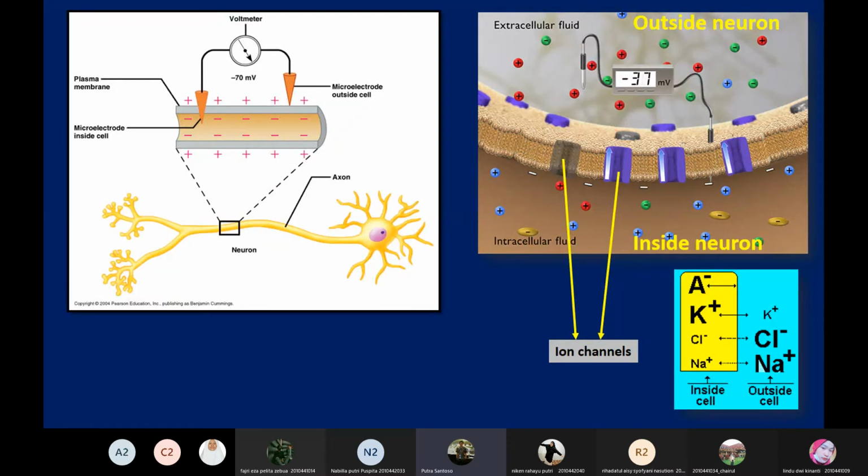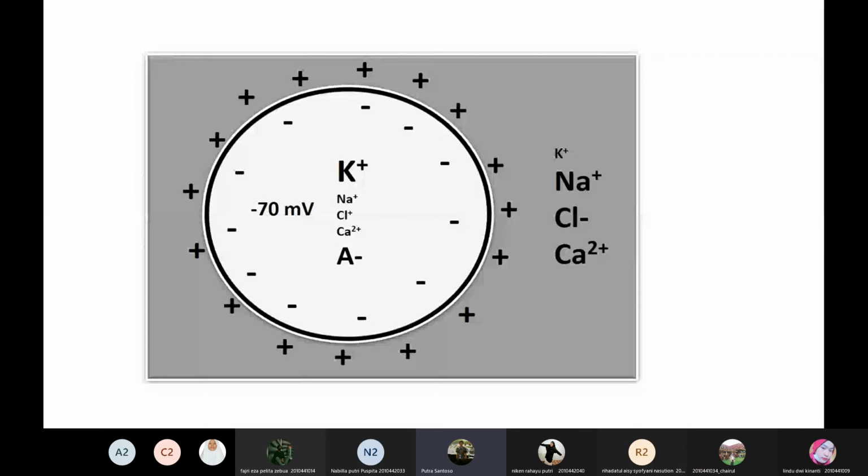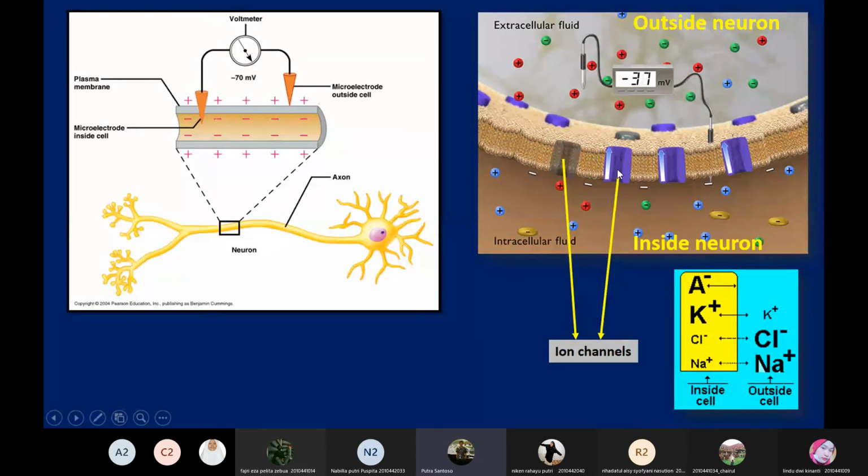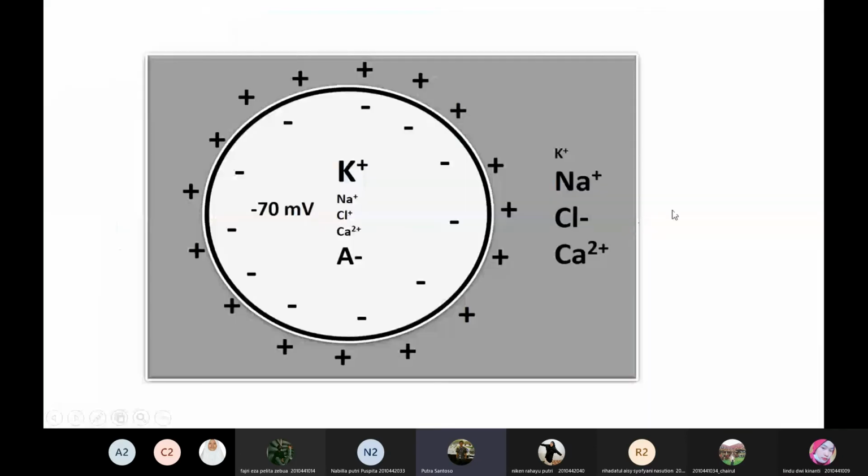So that is a kind of explanation to show here. This is the neurons during the resting period. Jadi ketika periode istirahat saraf kita, di dalam itu tends to be negative when you measure it in electricity, and outside tends to be positive. And then when the channels are open like this, and then the ions, for example sodium ions outside, or chloride or calcium, will move inside.